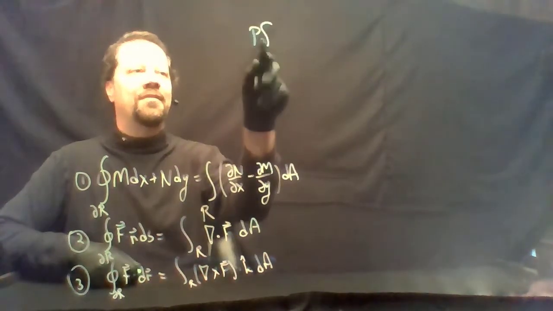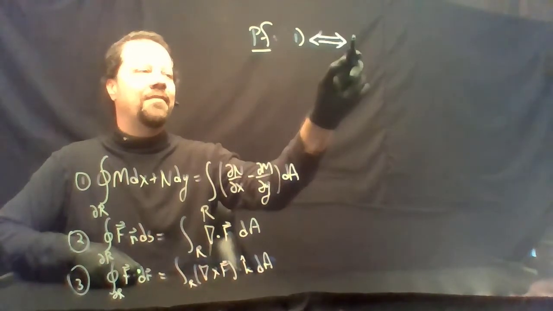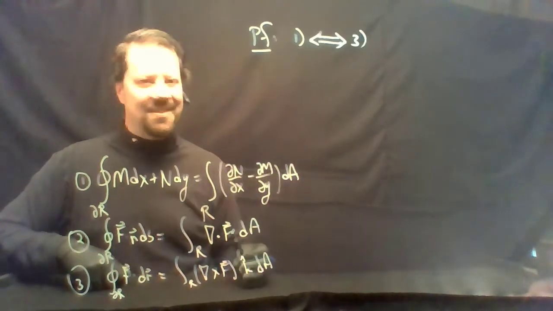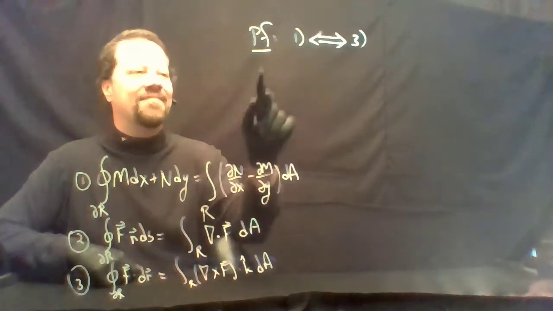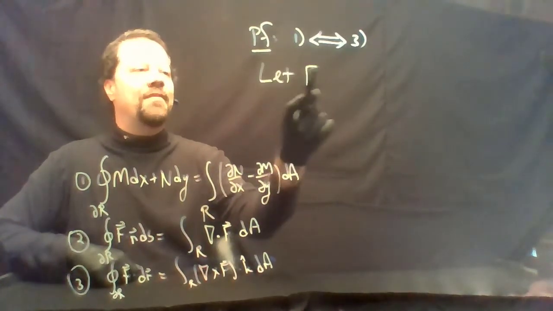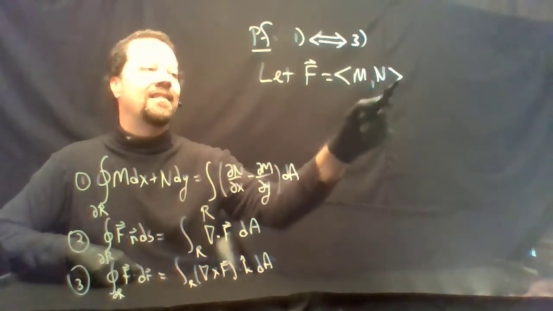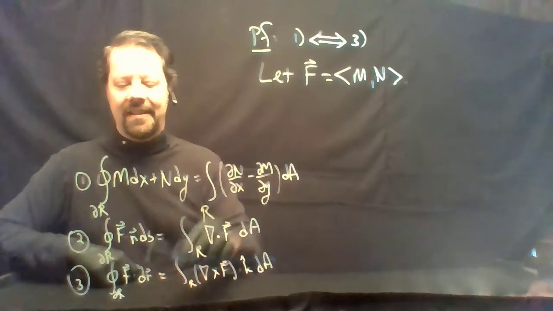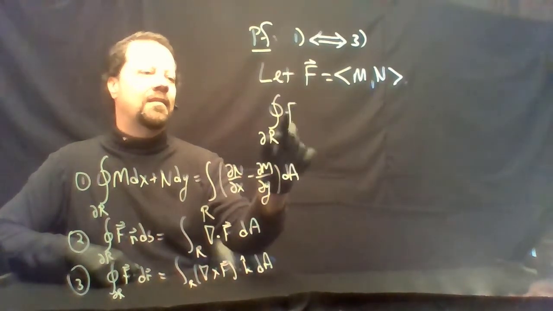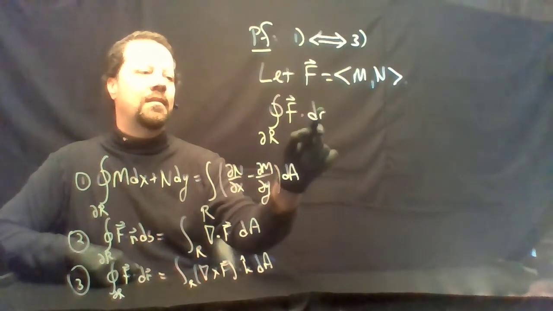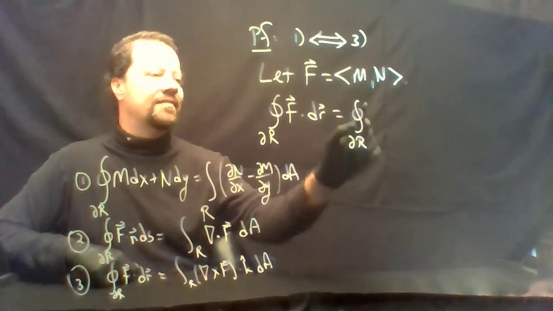So in our proof, 1 is true if and only if 3 is true. We'll prove the equivalence of 1 and 3 first. We'll let the vector field F be m, n. Then the left-hand side is the left-hand side of the first version.